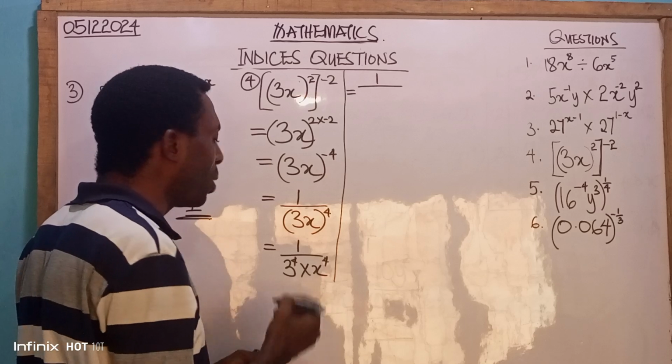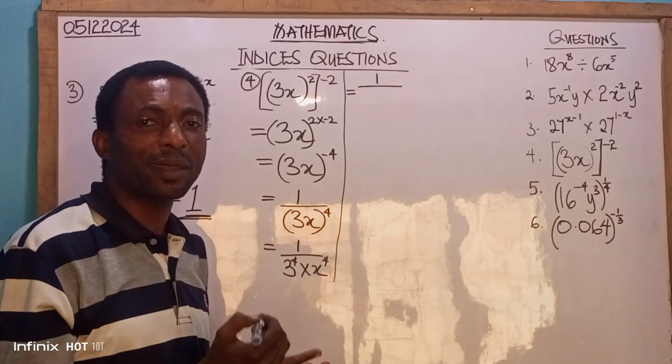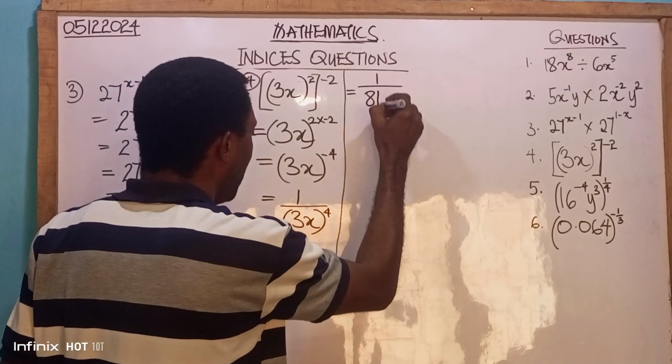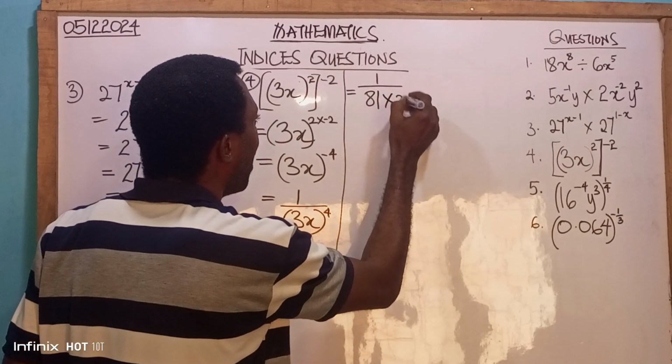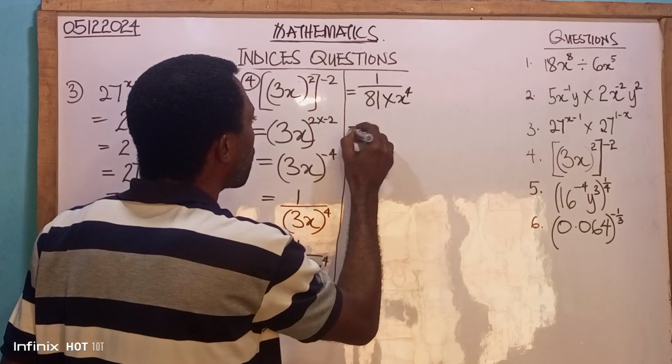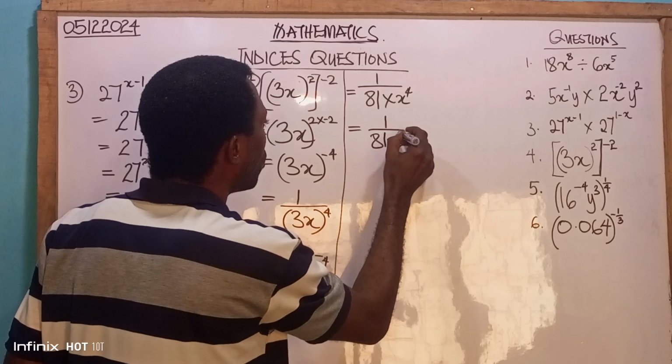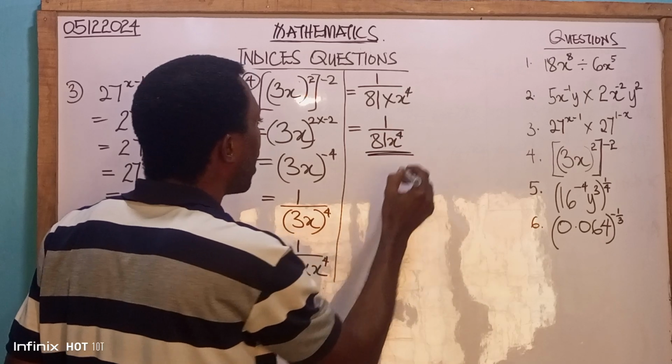Let's continue. 3 times 3 will give us 9, 9 times 3 is 27, 27 times 3 will give us 81. So we have 81 multiplied by x raised to power 4. So our final answer will be 1 over 81x raised to power 4.